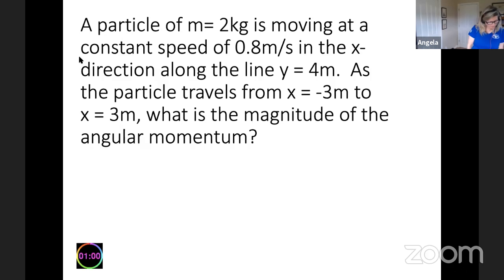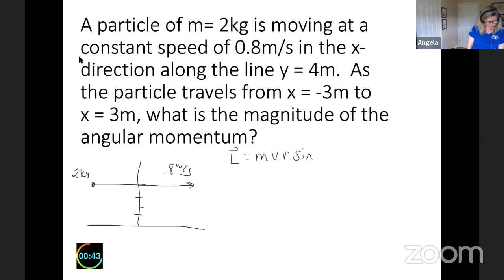Okay, so I think you just draw a picture here. You have something that's starting over here. It's 2 kilograms, and it's moving from left to right at 0.8 meters per second. Angular momentum is mvr sine theta, but r sine theta is really the perpendicular component of r. So here's your origin. Let's say we look at this position vector here. That's r, and theta is the angle between r and v.